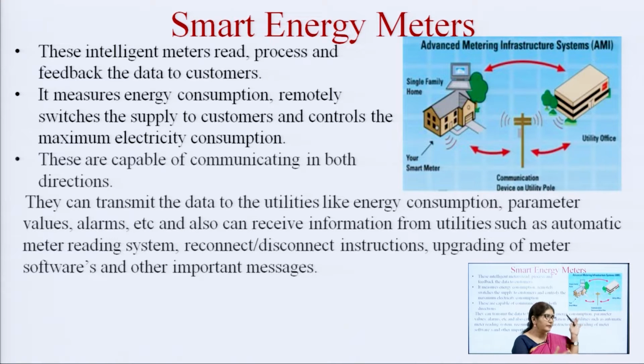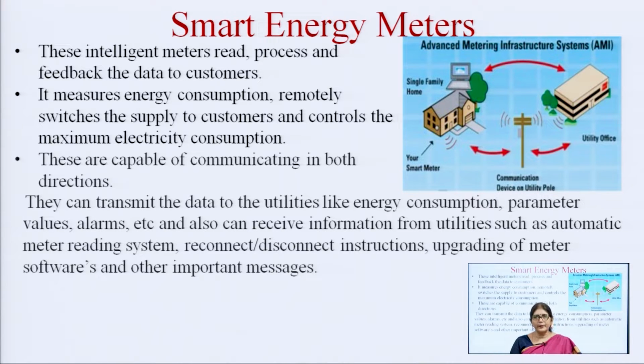So, these are intelligent meters that can process and feed back the data to the customer. These smart meters measure the energy consumption remotely, switch the supply to the customer and control the maximum electricity consumption, and they are capable of communication at both ends. They can communicate with the utility office.